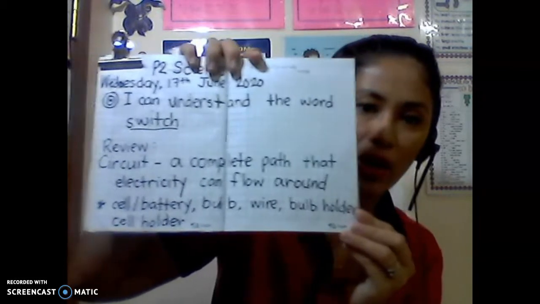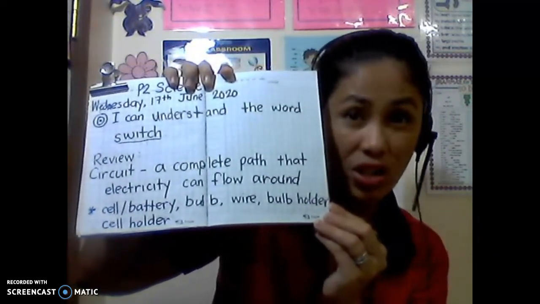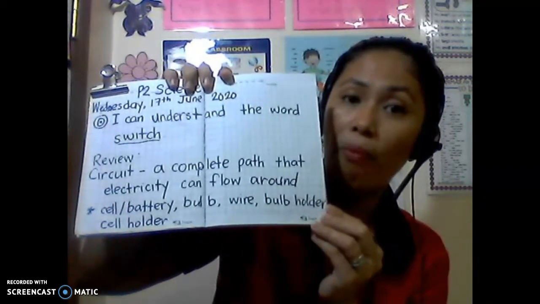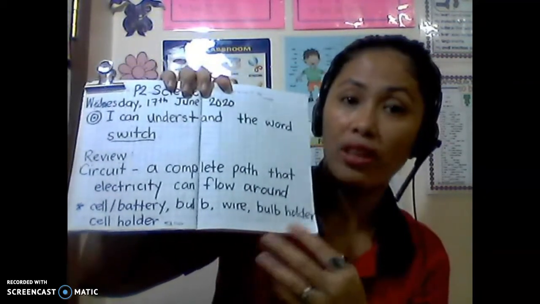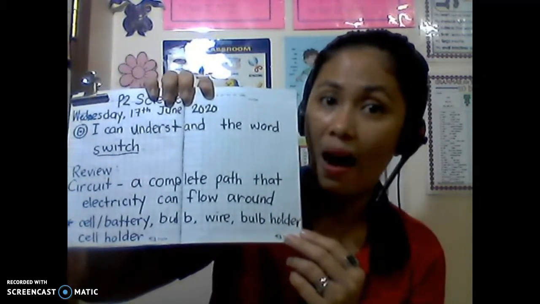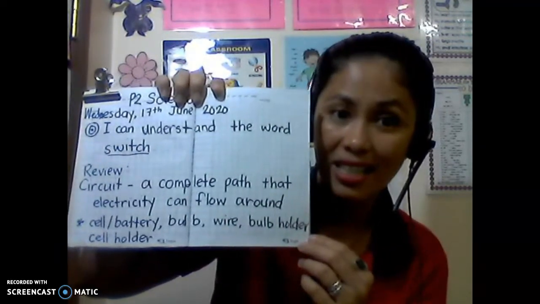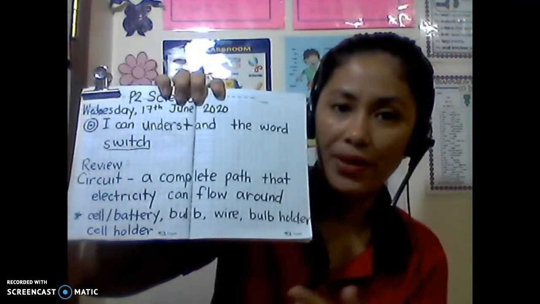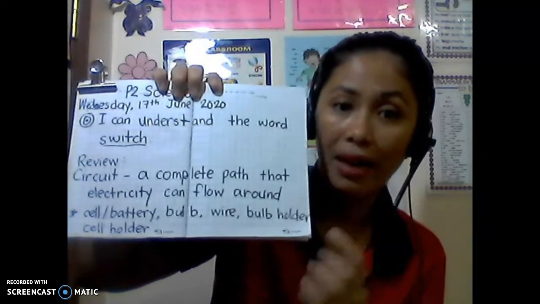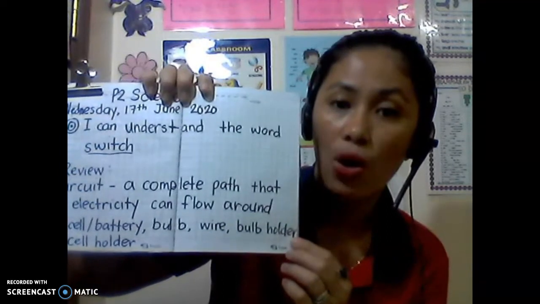You can always look at the end of your book. If you find words that you don't understand, you can flip your book at the very end and you will see the definitions or the meaning of the words. So let's review: a circuit is a complete path that electricity can flow around.